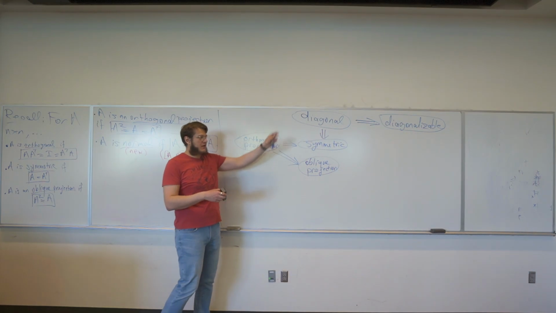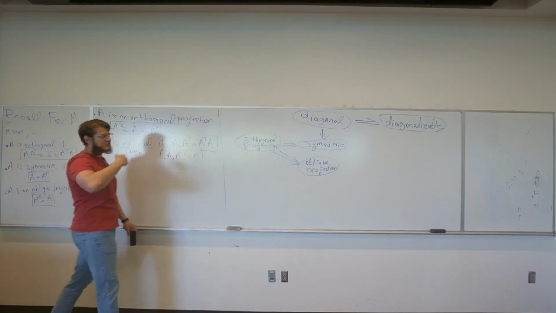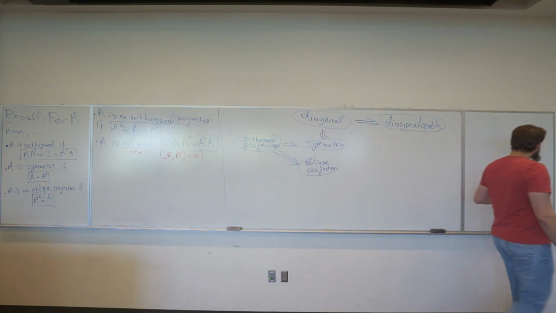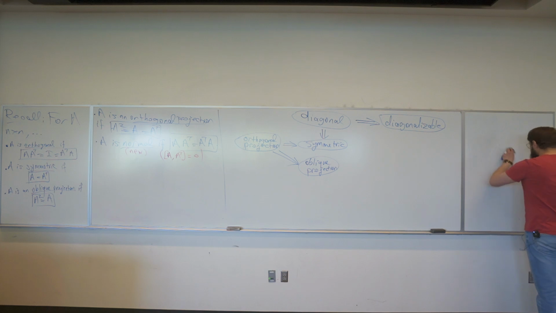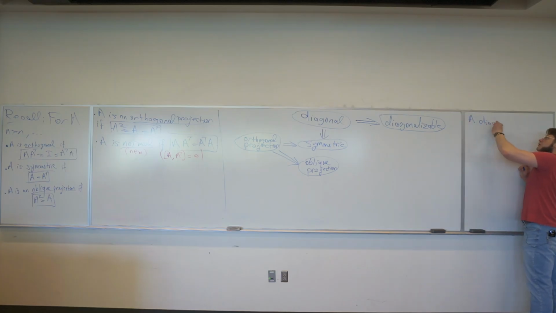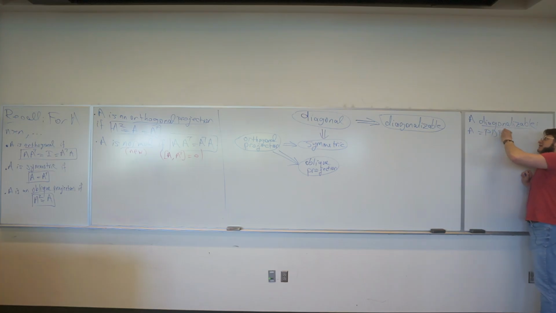But if you were to change your basis, with respect to this new basis, your transformation ends up being diagonal. So this means A equals P D P inverse, D diagonal, P invertible.